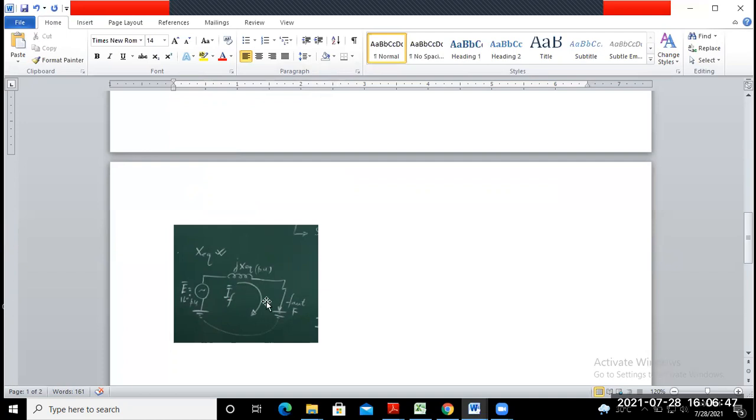Now, how can we find this fault current? As you know from circuit theory, if you apply KVL, the current equals E divided by impedance. Here the impedance consists only of the reactance part.